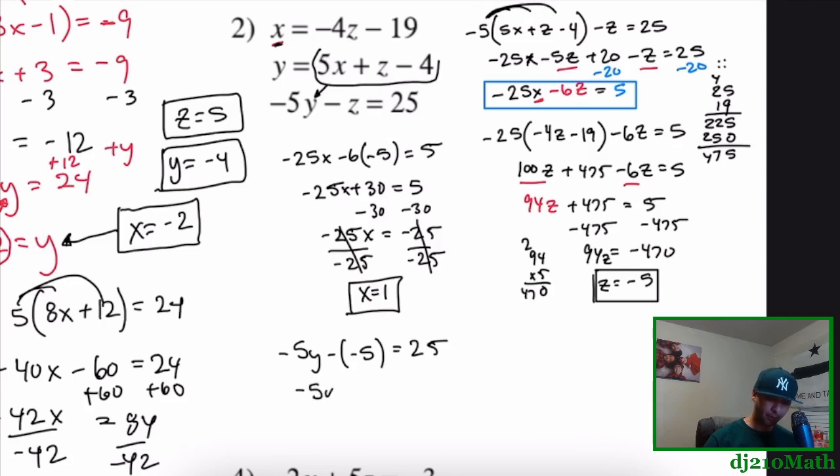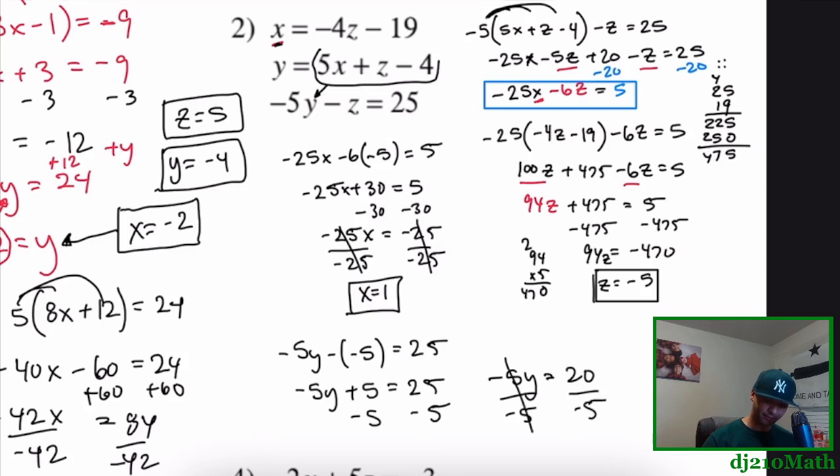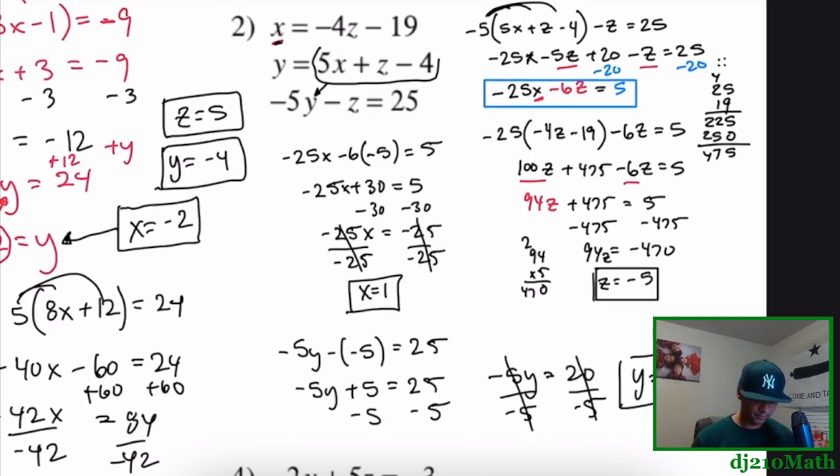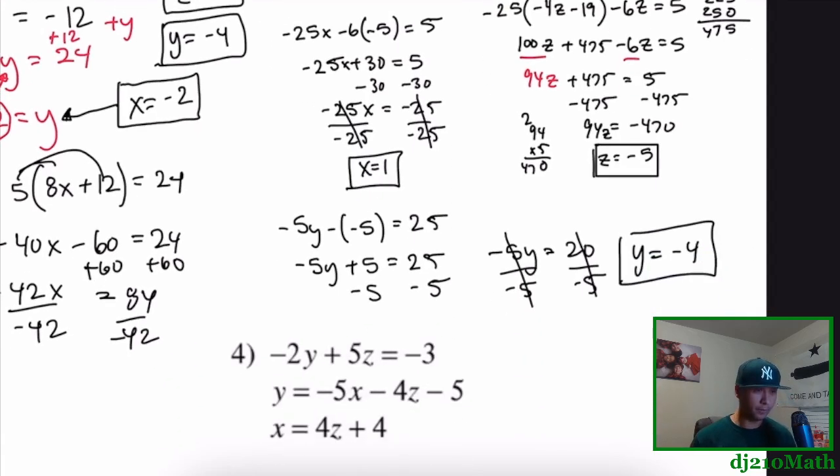So negative 5y plus 5 equals 25. Subtracting 5 from both sides, negative 5y is equal to 20. Divide both sides by negative 5. y is equal to negative 4. So x, y, z: 1, negative 4, negative 5.